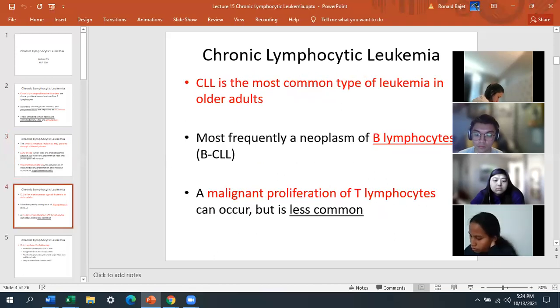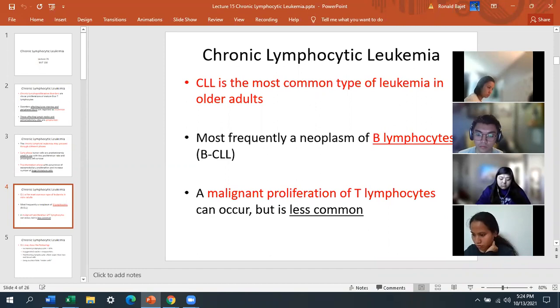The most common type of leukemia in older adults is CLL, not CML. So if an elderly person has leukemia, chances are it's going to be CLL, not so much CML.